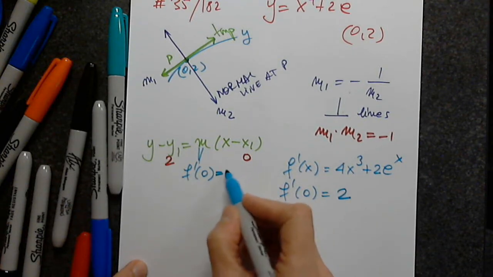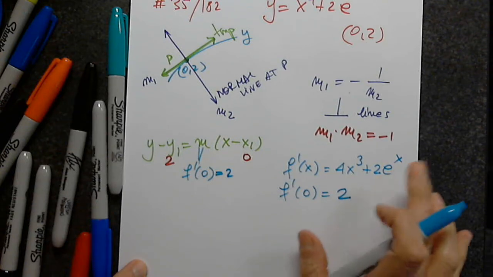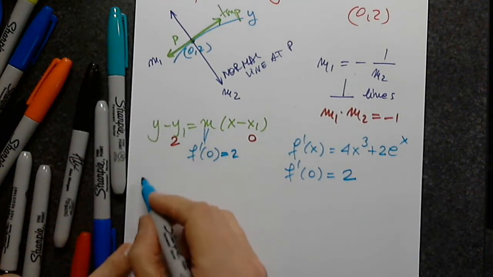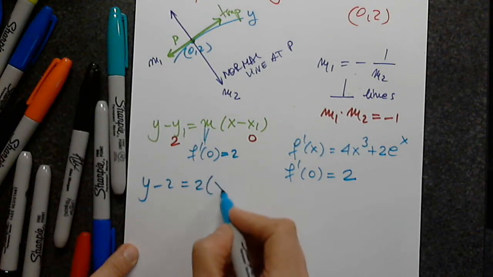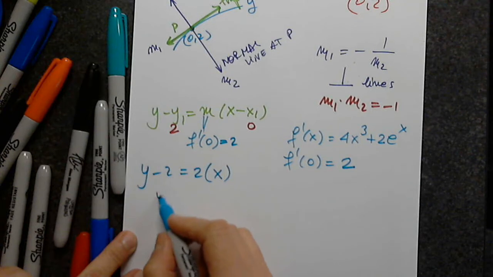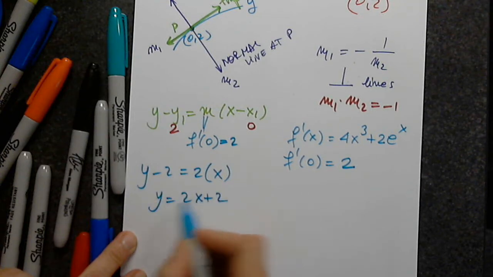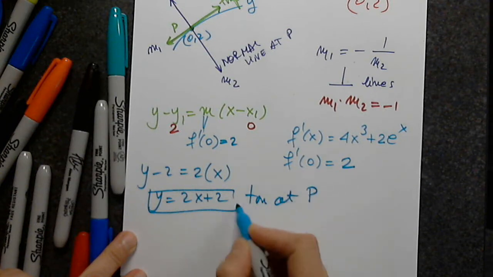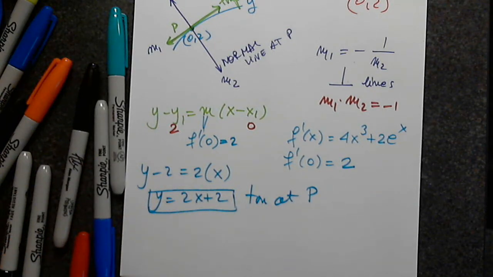Very good. This is 0, and e to 0 is 1. 1 times 2 is 2. So now I have y minus 2 equals 2 times x, because x minus 0 is x. So then y equals 2x plus 2 is the equation of the tangent at P.